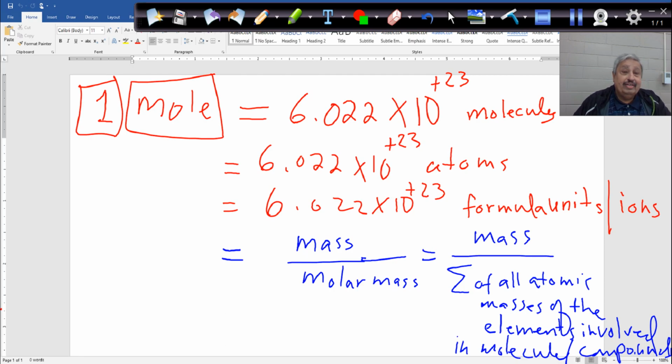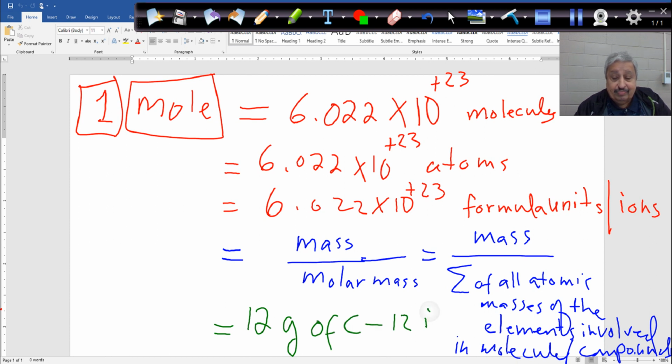Yes, we can. By definition, that's the first thing done. 1 mole is the 12 grams of carbon-12 isotope. So if we have 12 grams of carbon isotope here. Okay, guys, so you can see how many definitions we have.